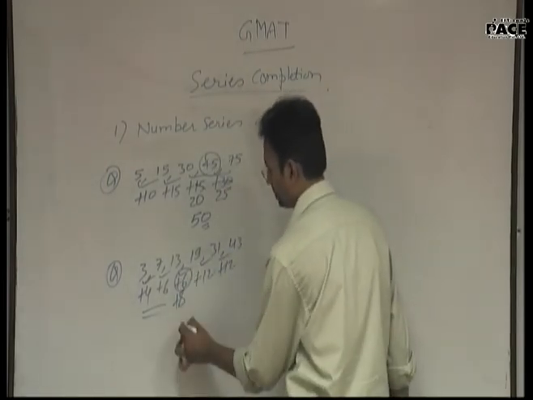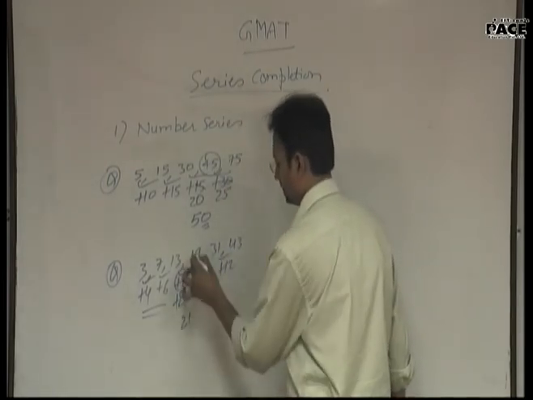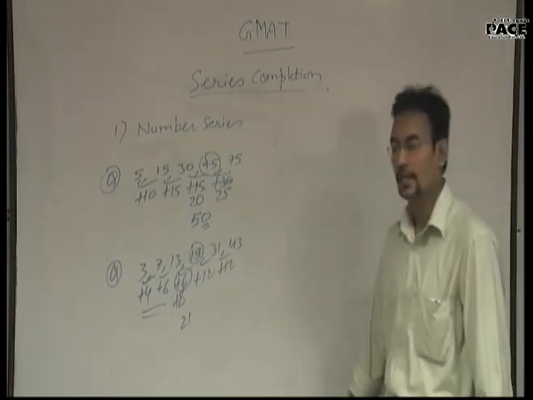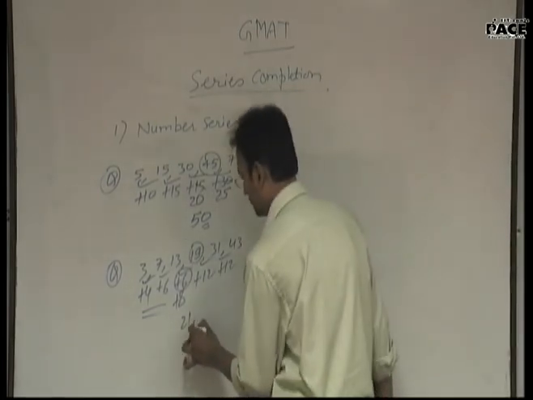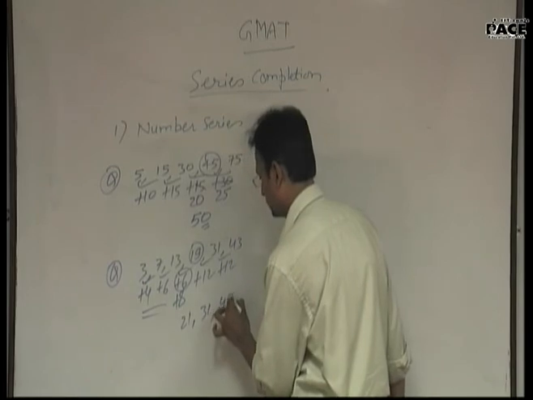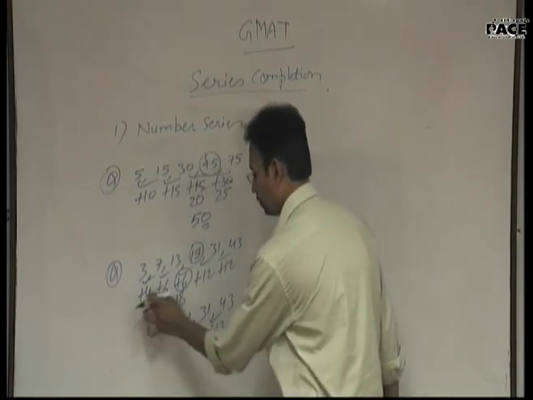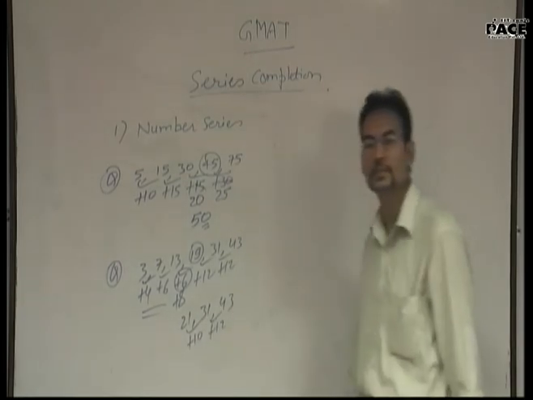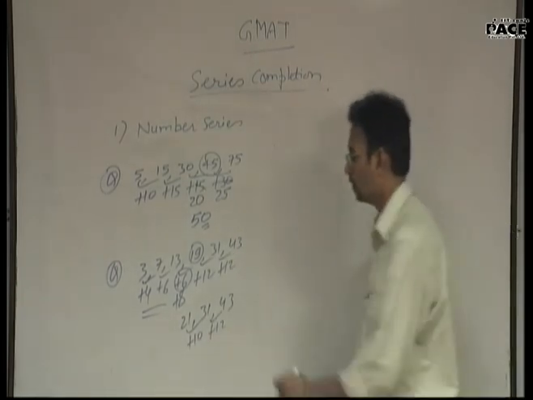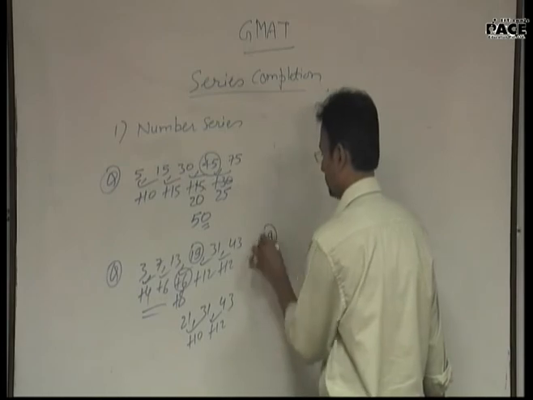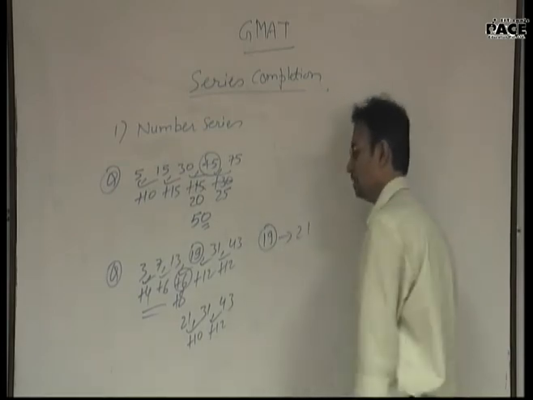Plus 8 will give you 21 instead of 19. And then the series goes like 21, 31 and 43, which is plus 10 and plus 12. So 4, 6, 8, 10, 12. The wrong term is 19, which should be replaced by 21.